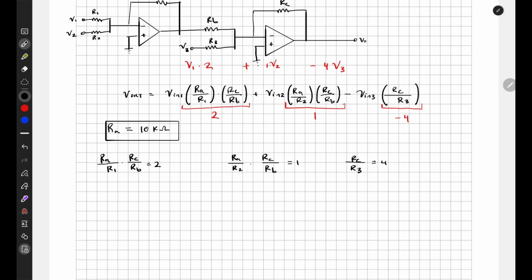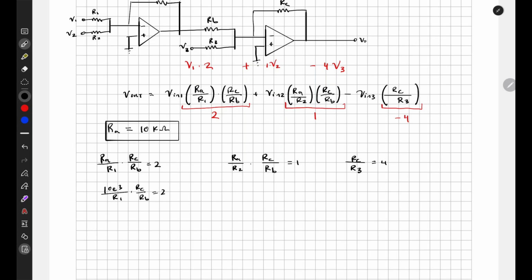With the initial guess of RA equal to 10 kilohms, we can say 10 kilohms divided by R1 times RC over RB equals 2.